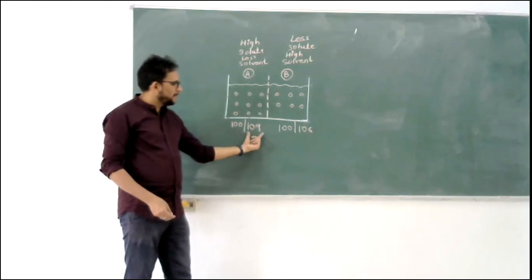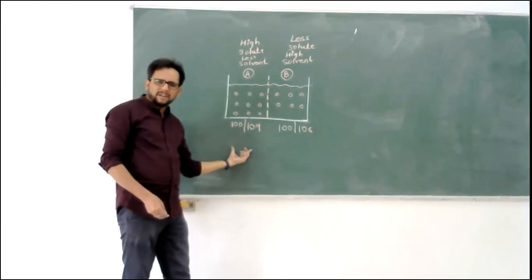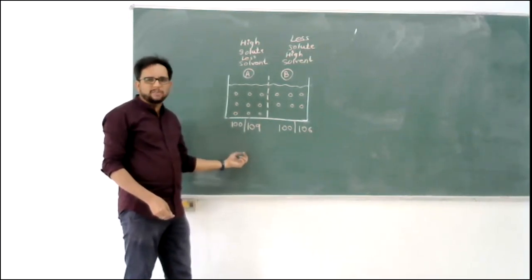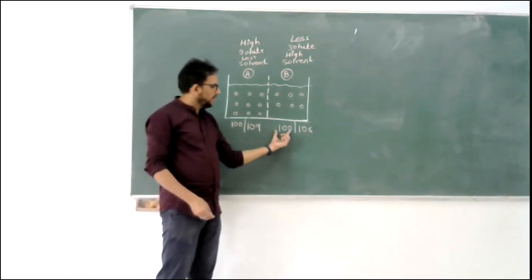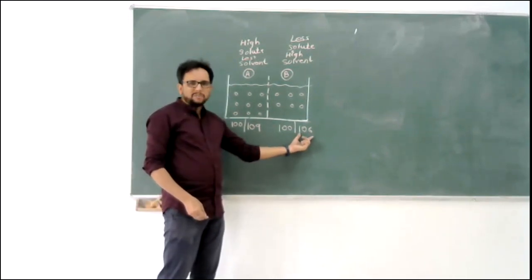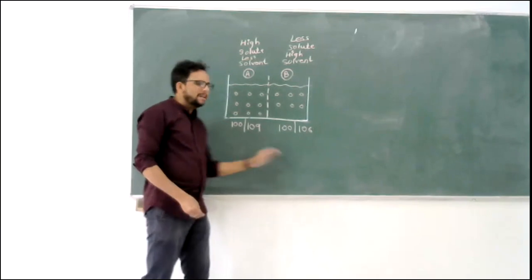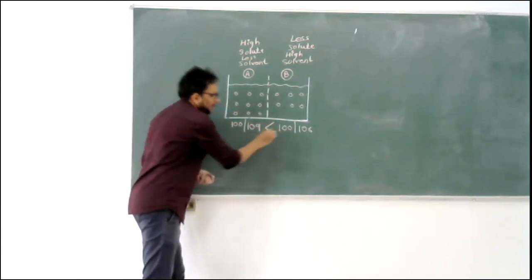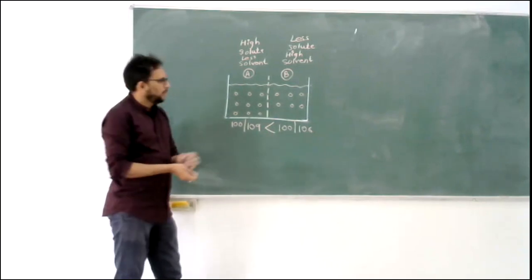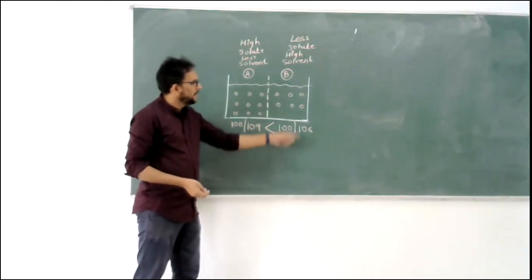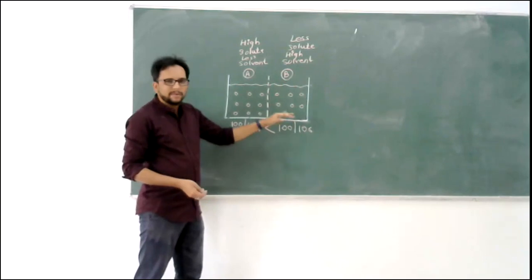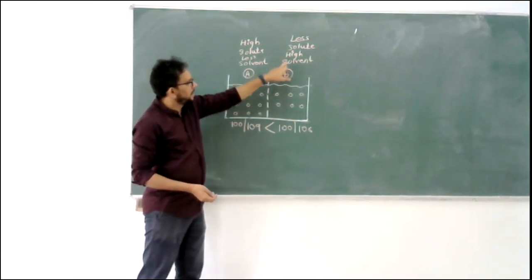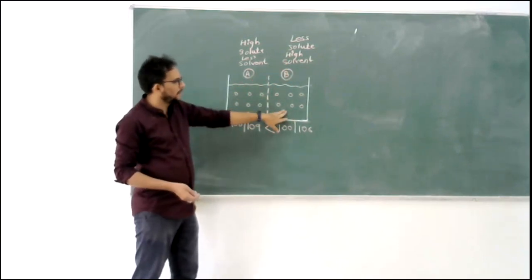When you divide by a bigger number, the answer is a smaller value compared to the same number divided by a smaller number, where the answer will be a bigger value. So when you compare these two, this number is bigger, right? So the relative volume of solvent in the total system will be higher solvent or more solvent.